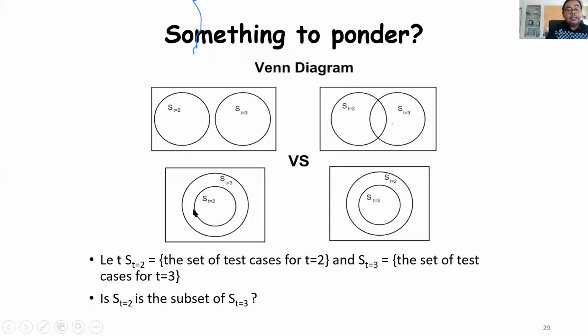So is ST2 a subset of T3, or ST3 a subset of the set of T2, the test cases for T2? Now, the answer is this. Okay, sometimes it's not the whole subset, but ST2 and ST3, they are overlapping.